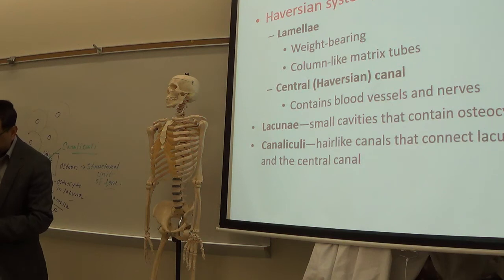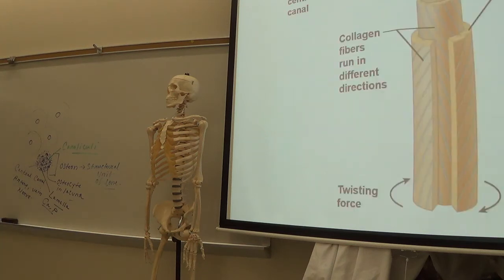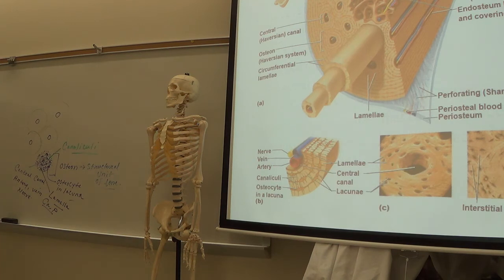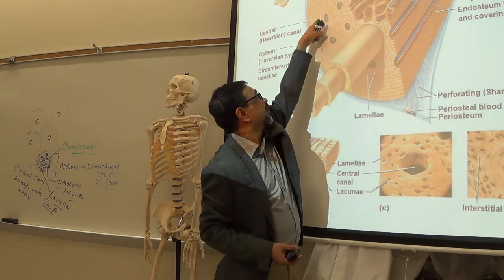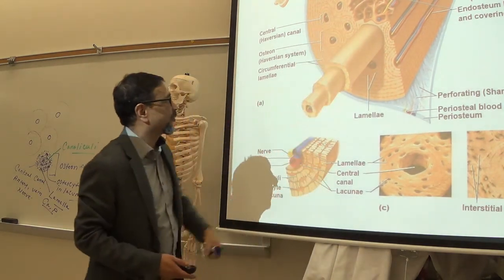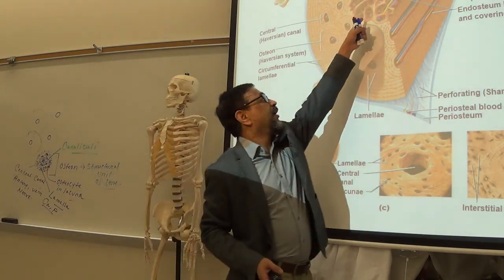That is the structure of the bone. So here you see one osteon, another, so many osteons are there in the compact bone. And spongy bone is different.